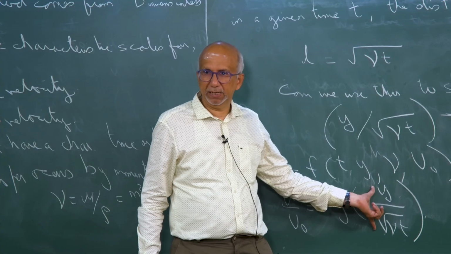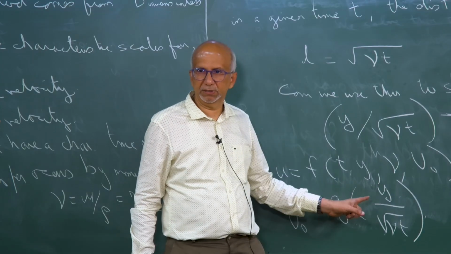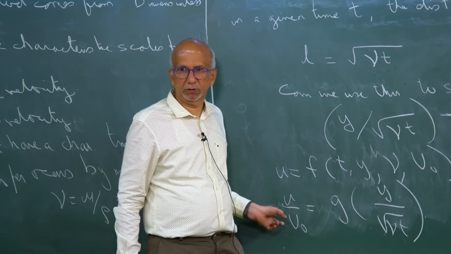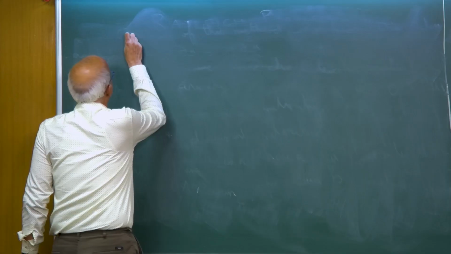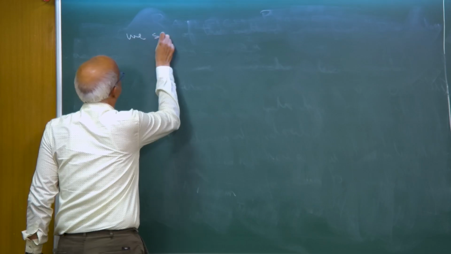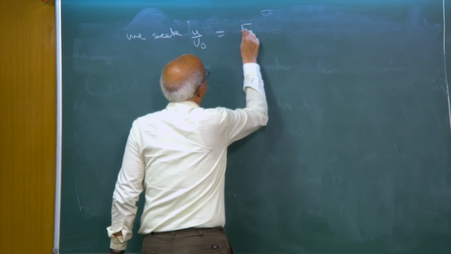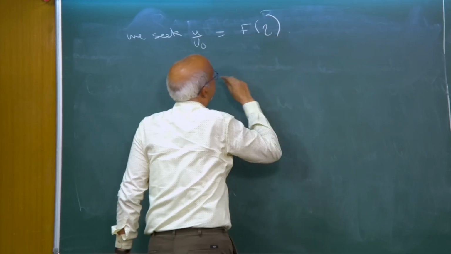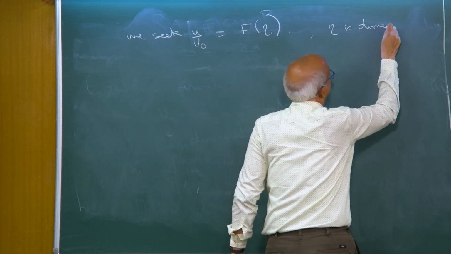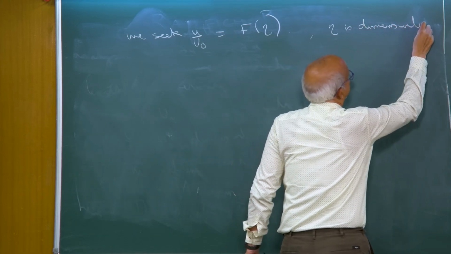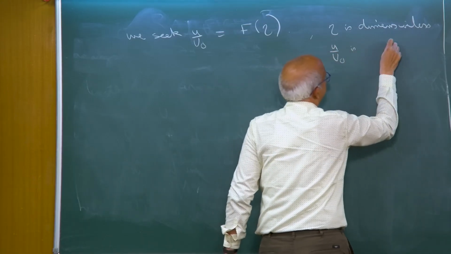This eta is my dimensionless independent variable, which contains all of this, and this is my dimensionless velocity, and one dimensionless number, everything will be dimensionless. So, we seek u by u naught as some function of eta. Okay. Eta is dimensionless, u by u naught is dimensionless.